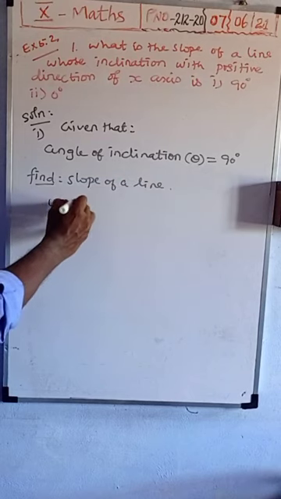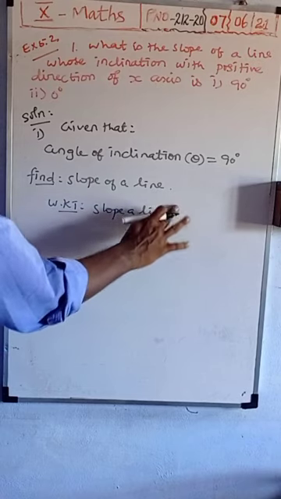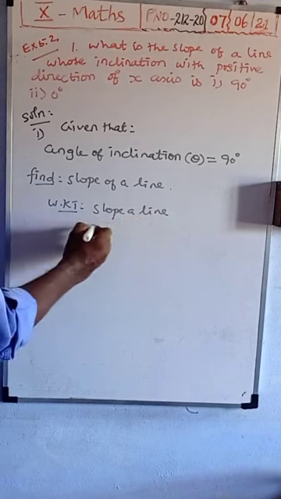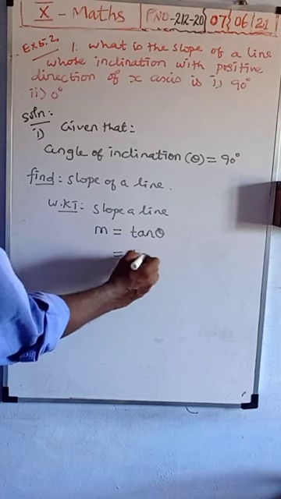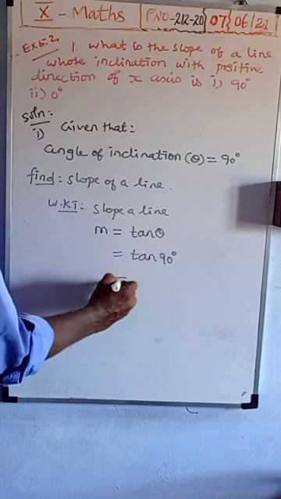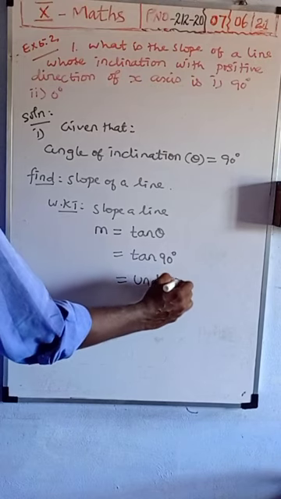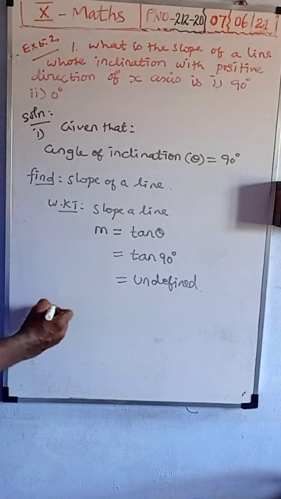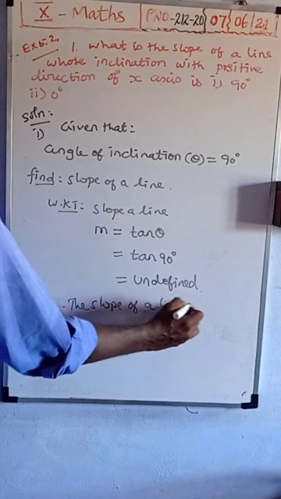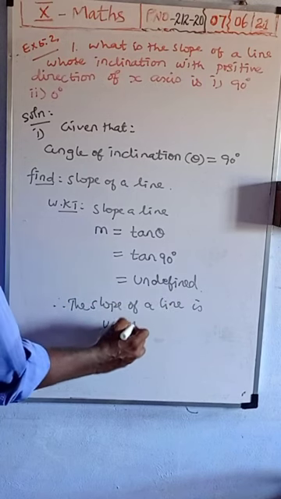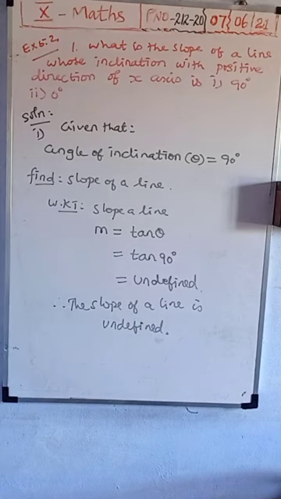We know that when the angle of inclination is given, m is equal to tan theta. So here you substitute tan 90 degree. I told you already, the tan 90 degree value is undefined. Therefore, the slope of the line is undefined. That's all, first point over.